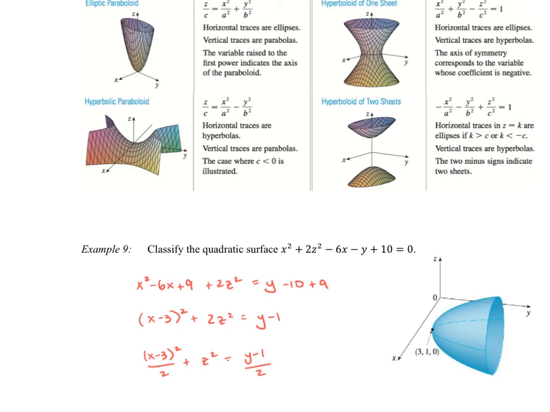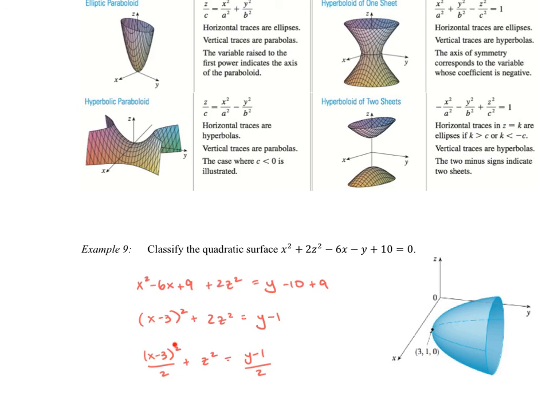So for instance, we have x minus 3, which means that the x value of the vertex will be 3. We have z without any factor there, which means that the z value is going to be 0, and then y would be positive 1. So from this equation, we can pull out this vertex 3, 1, 0.